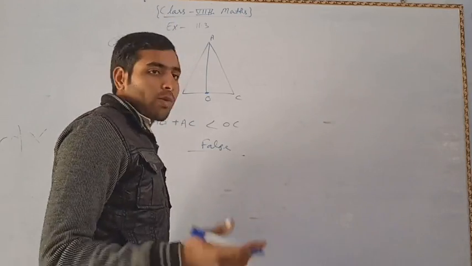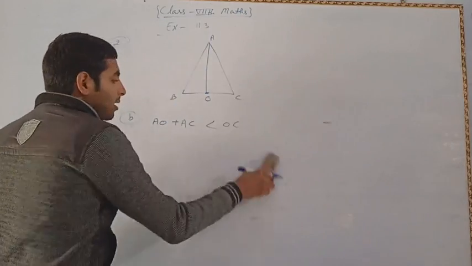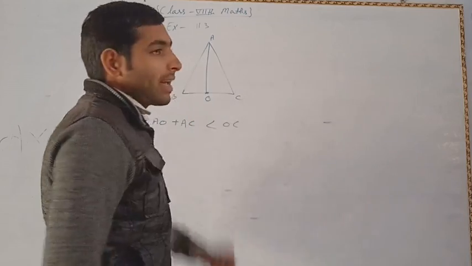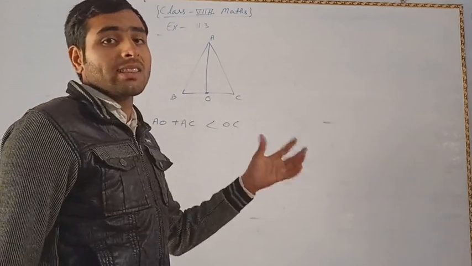And you always know the inequality property of triangle: the sum of any two sides of a triangle is always greater than the third side of the triangle.